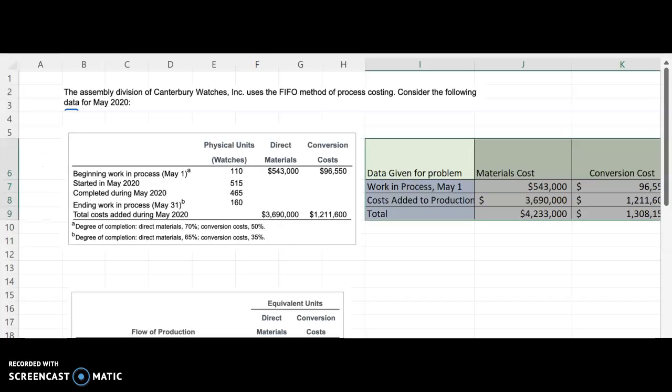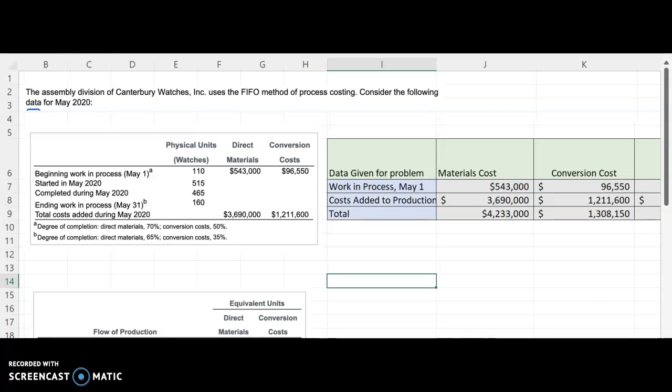Okay, for FIFO, just remember that when you're transferring goods from one department to another, you're going to do first in, first out.